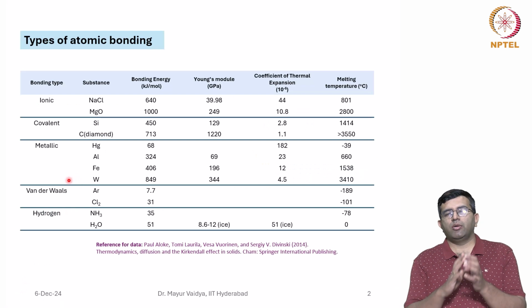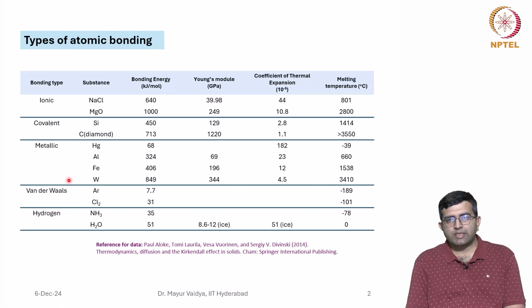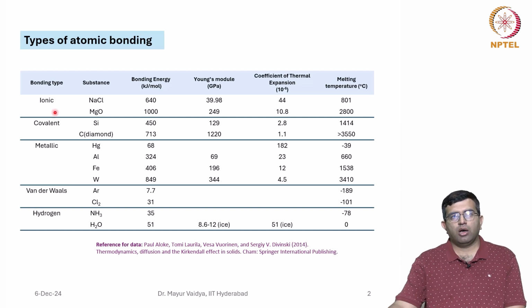So, you are aware that there are different types of bonding that exist in solid materials, and that can be ionic, covalent, metallic, van der Waals, or hydrogen bonding.